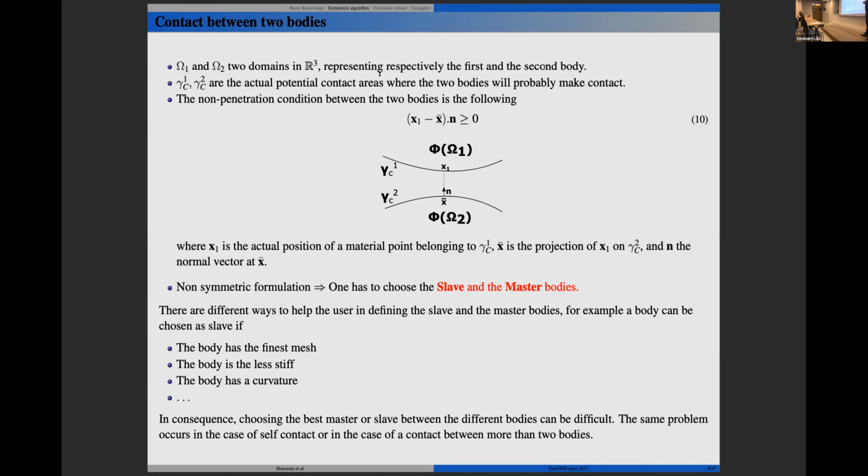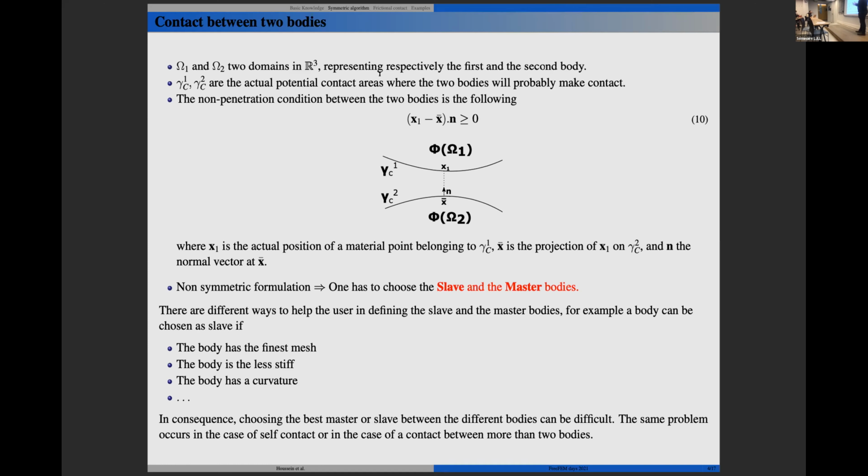Why is it interesting with friction to have symmetry? Because if we choose the first one as slave and the second one as master, we will not obtain the same results as if we take the second one as slave and the first one as master.